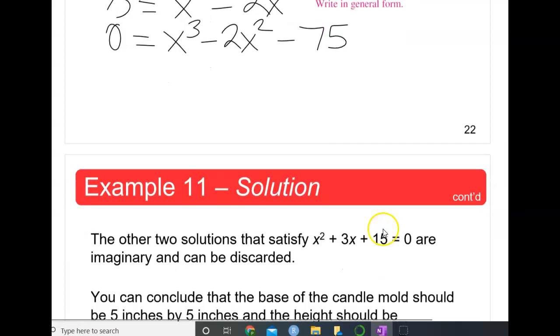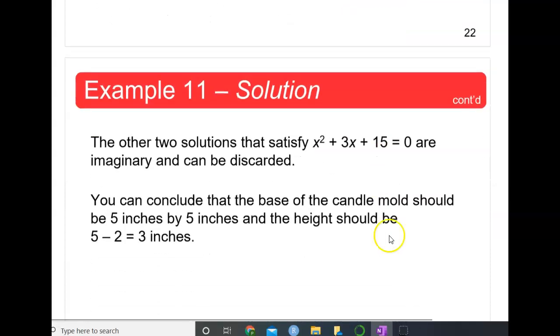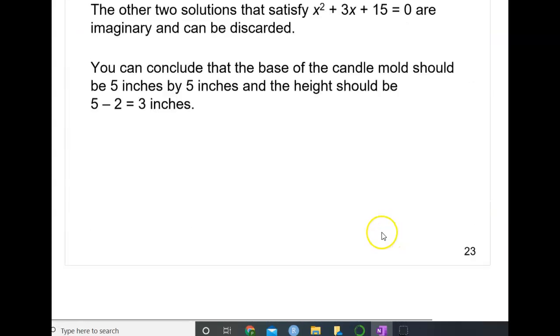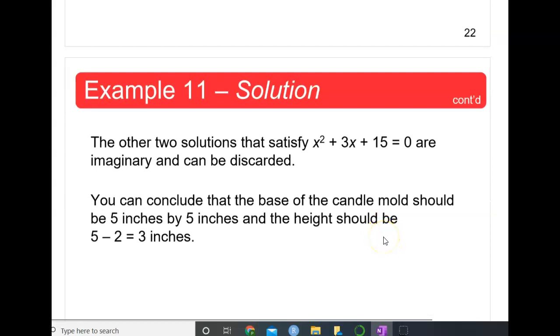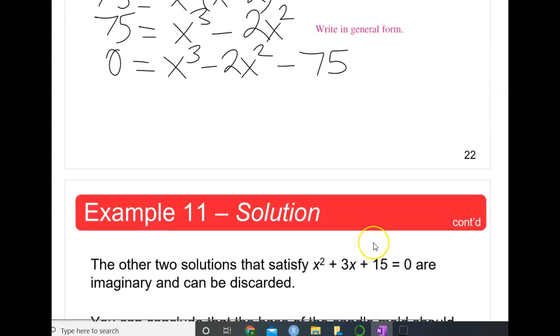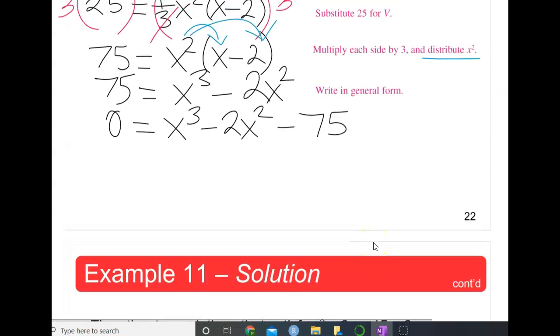Okay, so if we find the solutions, okay, I'm going to take a second.